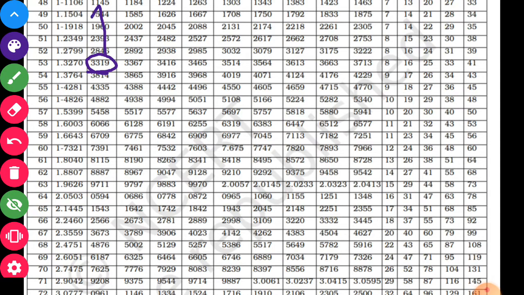This is 0.1, and here if you see horizontally, then it is 53 degree. So it is 53.1 degree, or approximately we can say it is 53 degree.